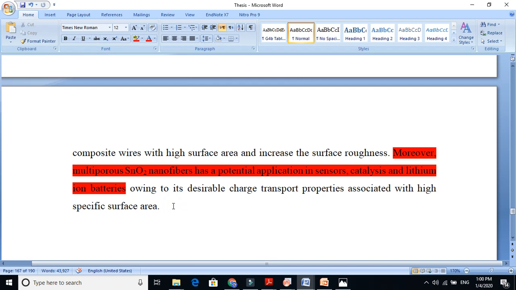So we just give the future recommendations that if somebody is interested in tungsten nanoparticles or nanostructures, this material also has potential application in sensors, catalysis, and lithium-ion batteries. So this is very interesting, to give the future recommendation about your work and also to conclude.